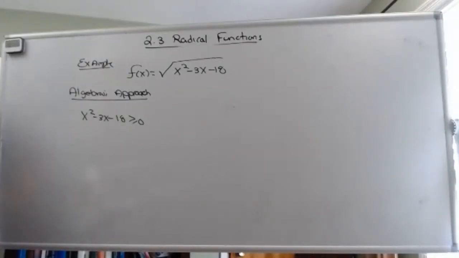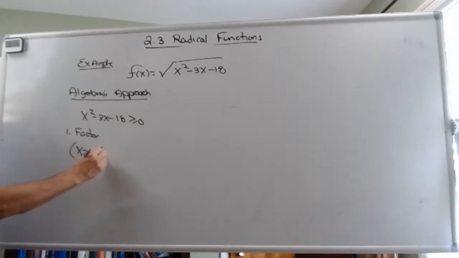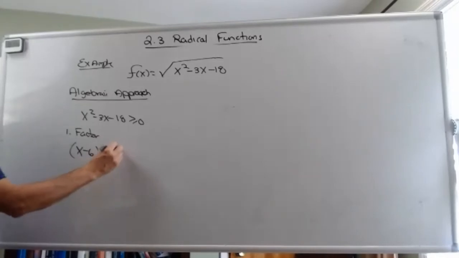There are two different algebraic approaches, but they both require that the first step, if possible, and most of these we're going to set up that way to give you that experience, is to factor. So factor that expression, basic factoring that you did in your prior algebra courses, and this will factor into x minus 6 times x plus 3.